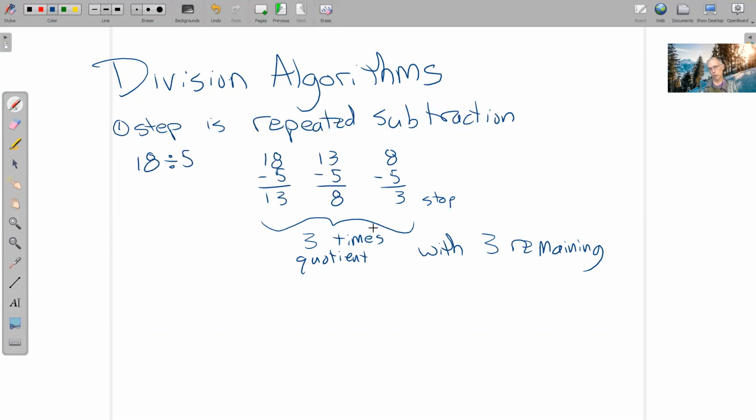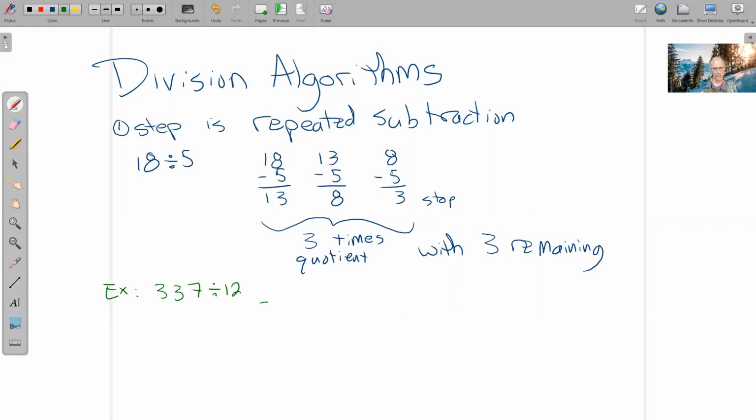Now, that's all well and good for smaller numbers, but when the numbers get bigger, it becomes a little bit more tedious. So for another example, suppose I had 337 divided by 12.